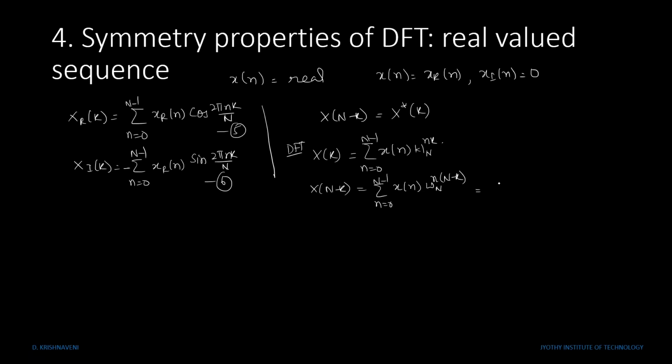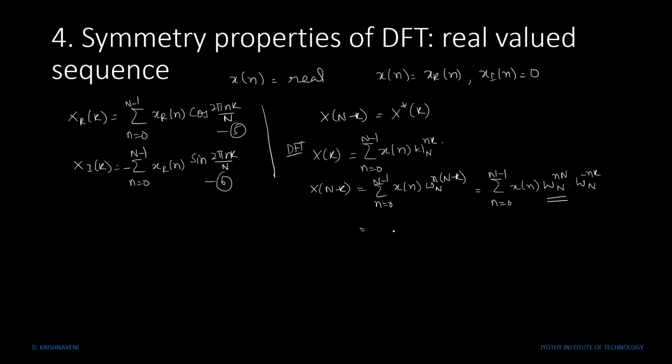If I expand this, I'll get wn to the power of nn into wn to the power of minus nk. We know that wn to the power of nn is equal to 1.